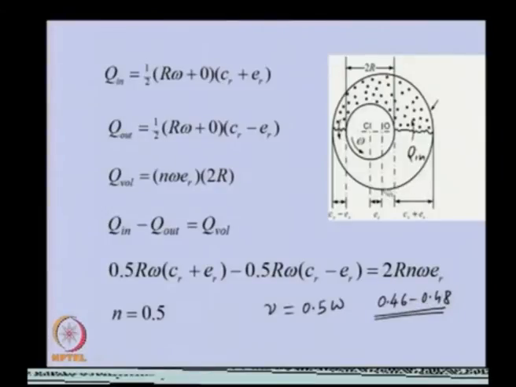So, if there is a pressure gradient, the fluid flow will take place because of that also, and if we incorporate that in the analysis, then we can expect to get this factor as 0.46 in this particular range.